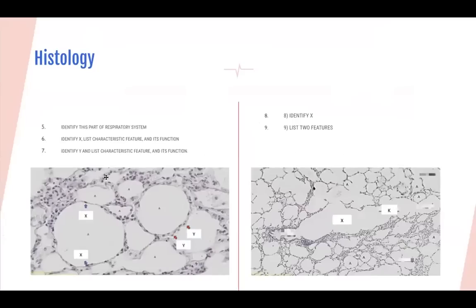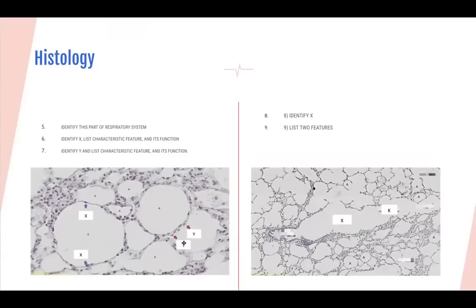Okay, next. Does anyone know what this structure is, what we're looking at? Alveoli. Perfect. And what is marked as X and what's marked as Y? So X would be type 1 pneumocytes, and Y would be type 2 pneumocytes.